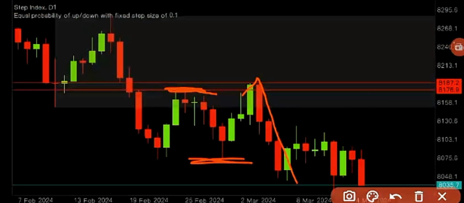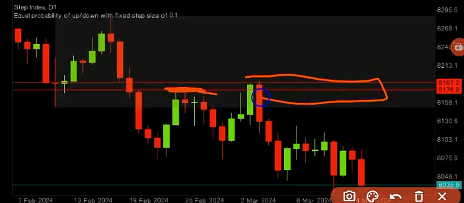Whenever you see this, you should know this zone is a high probability zone to take a trade from. Are you with me? Whenever this kind of thing happens, just know it's a high probability setup.